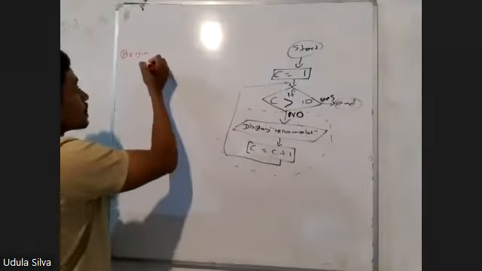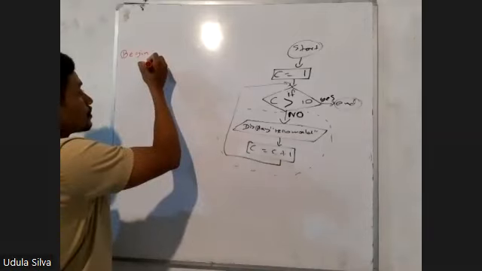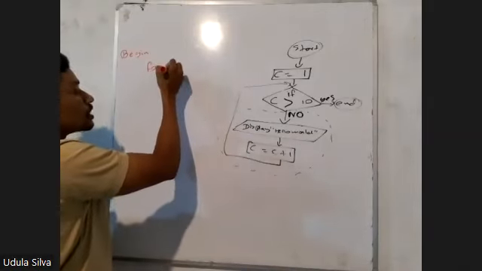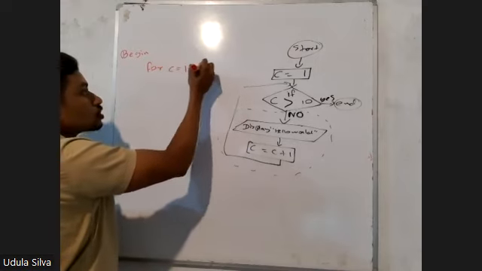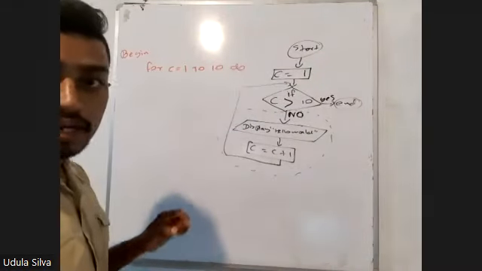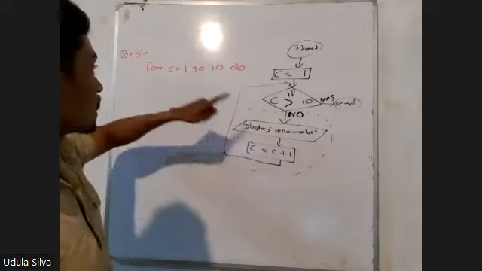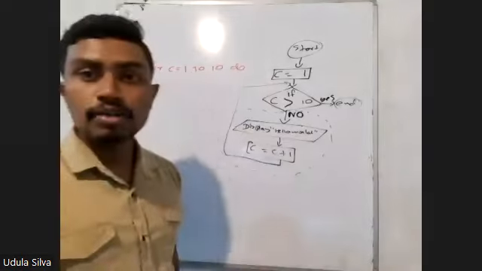Begin. Now C equal 1, with it we don't even have to use that one. I'm going to use begin, for C equal 1 to 10 do. Look at the condition: for C equal 1 to 10 do. That means this runs as long as C goes from 1 to 10.